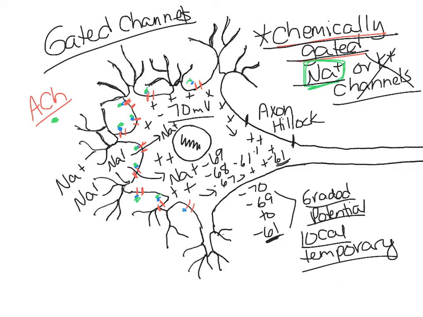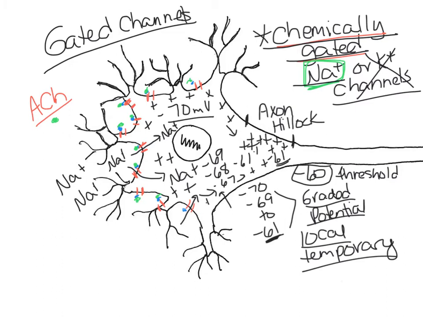Now we're going to look at the next type of transmembrane potential, which is called an action potential. An action potential is if there's enough positive charges moving into the cell that it hits -60. So funneling down into this axon hillock, if there's enough positive charges that raise that axon hillock to -60, now we've hit what we call threshold.